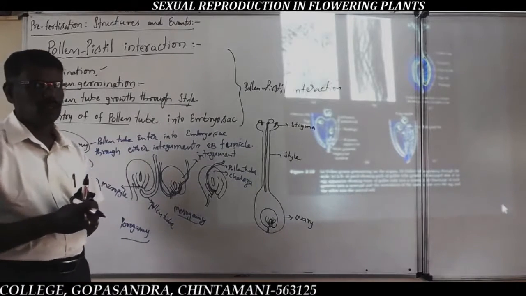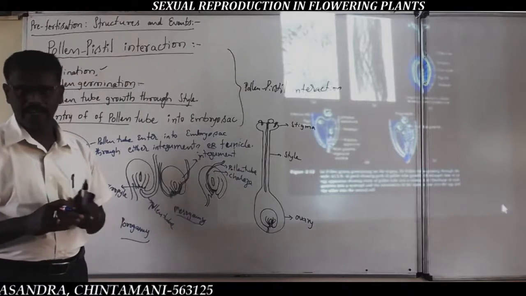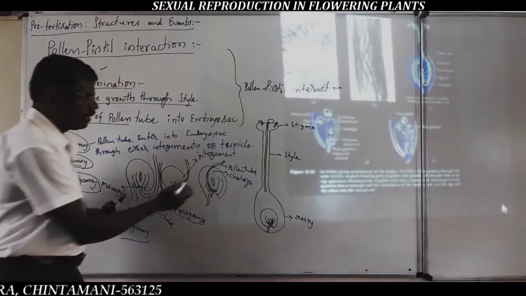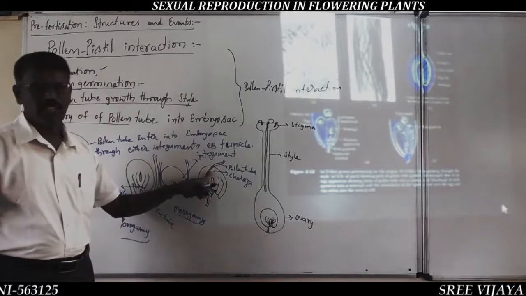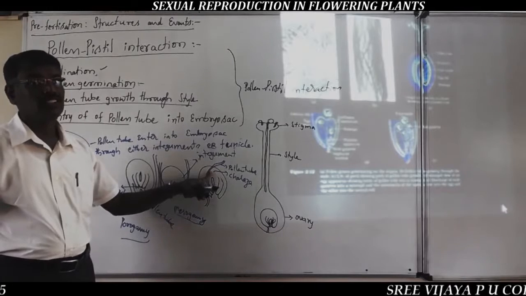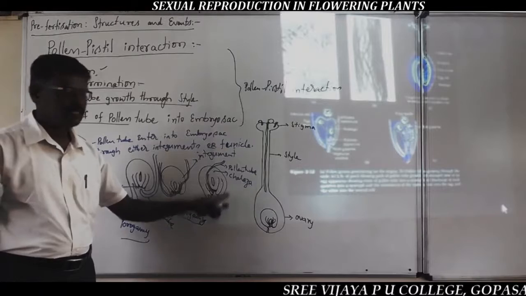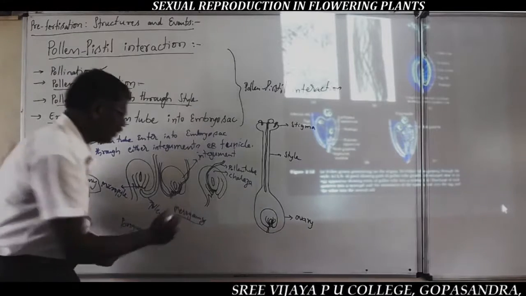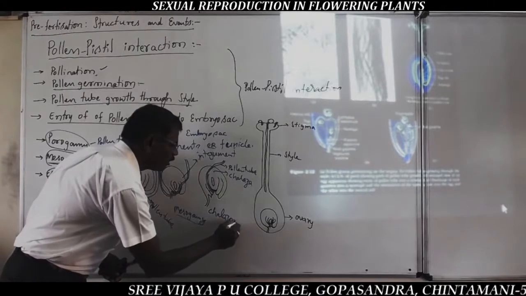As we know, there are two ends, the chalazal end and the micropylar end. Here the pollen tube enters the embryo sac through the chalazal part of the ovule. That's why such a phenomenon is called chalazogamy.